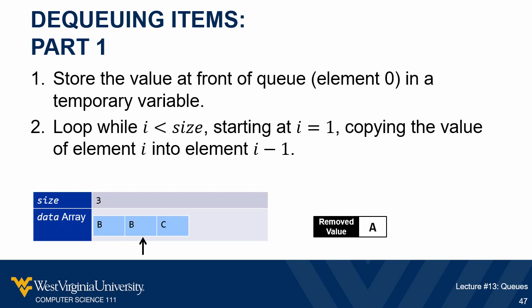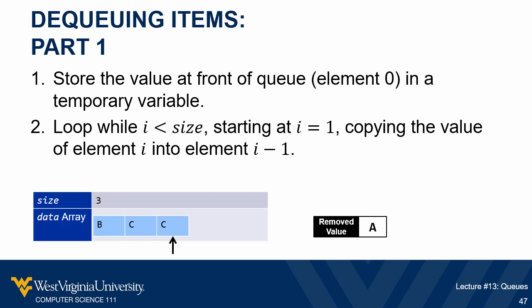So this is going to effectively shift everything to the left by one element, which will replace the contents of element 0, the value that we removed. So we're just working our way through, copying stuff backwards.